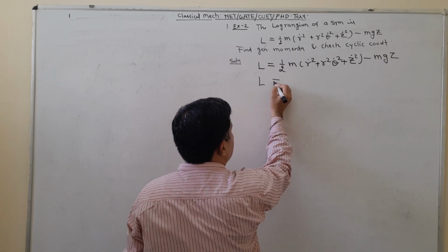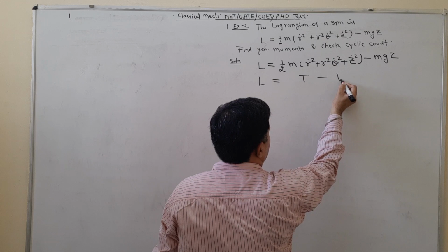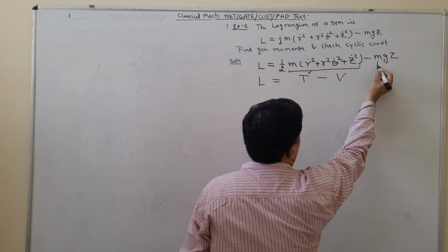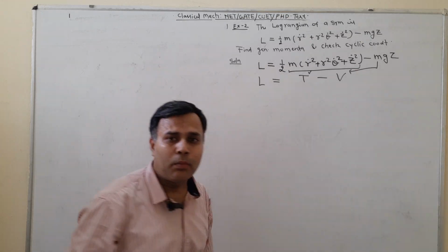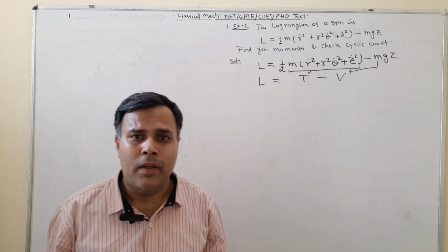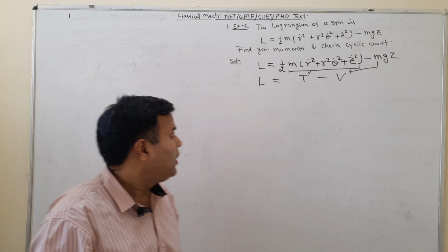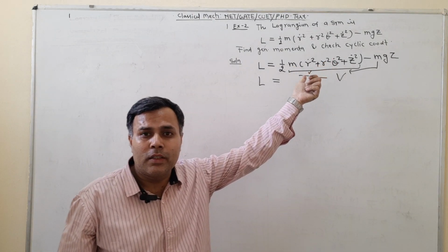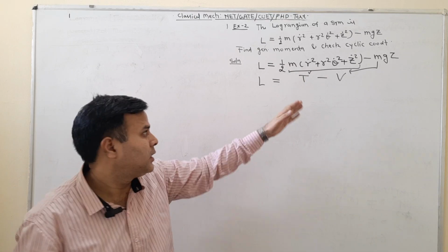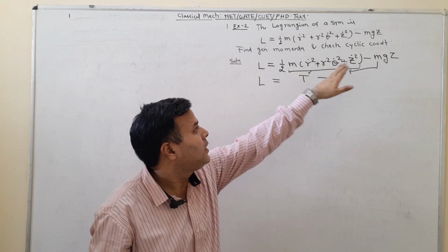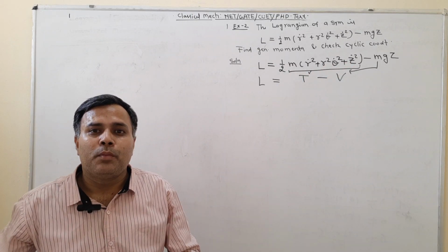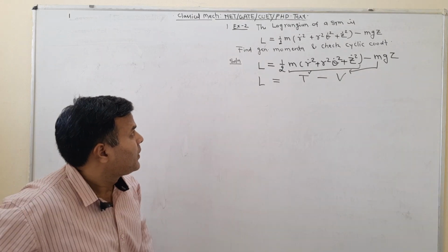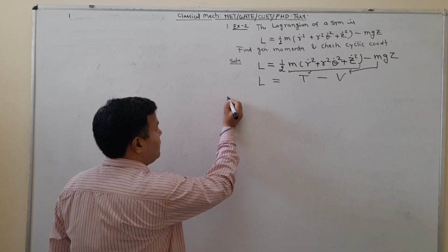And we know that the Lagrangian is simply T minus V. So this is the kinetic part and this is the potential part, mgz. The kinetic energy is in r, theta, z, which is simply the cylindrical coordinate system, as I explained in the previous lecture. So we will analyze the concept of generalized momenta first.